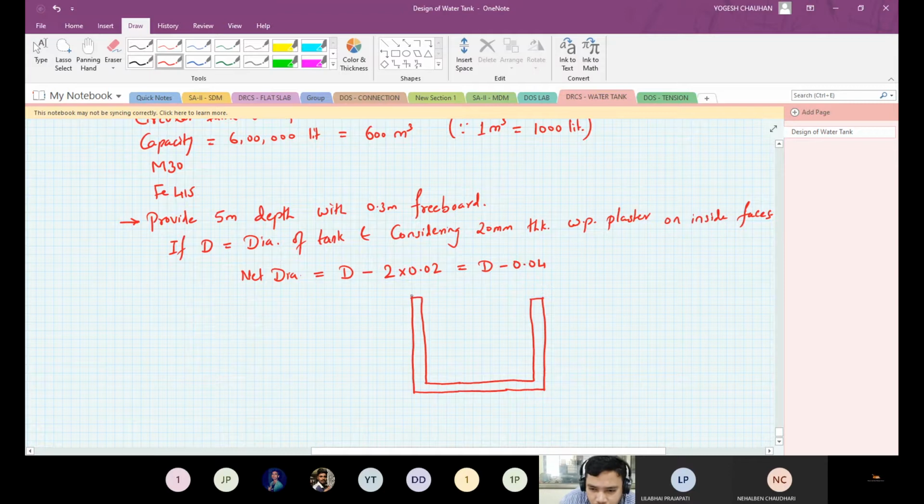We are providing waterproofing on the inside face. This 20 mm thick waterproofing is provided. So your net diameter will be such that this 20 mm plaster gets deducted from the clear dimension.